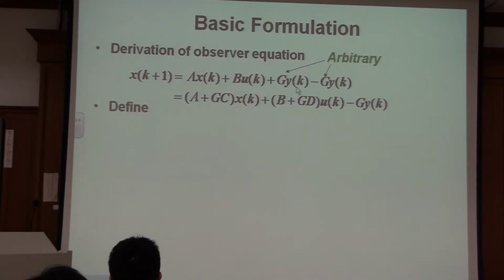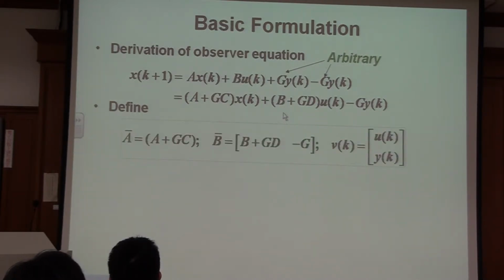So now if I substitute yk equals Cxk plus Duk, only one of them, and put it together with the state vector term, then I get (A plus GC) xk plus (B plus GD) uk minus Gyk.